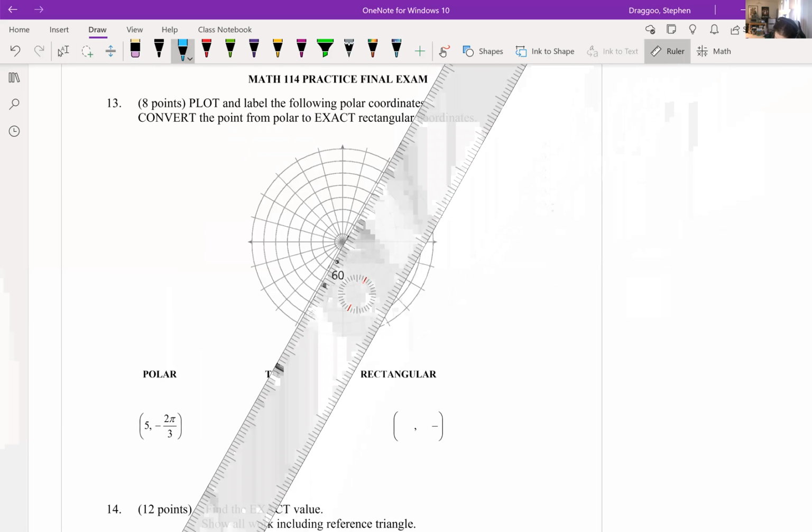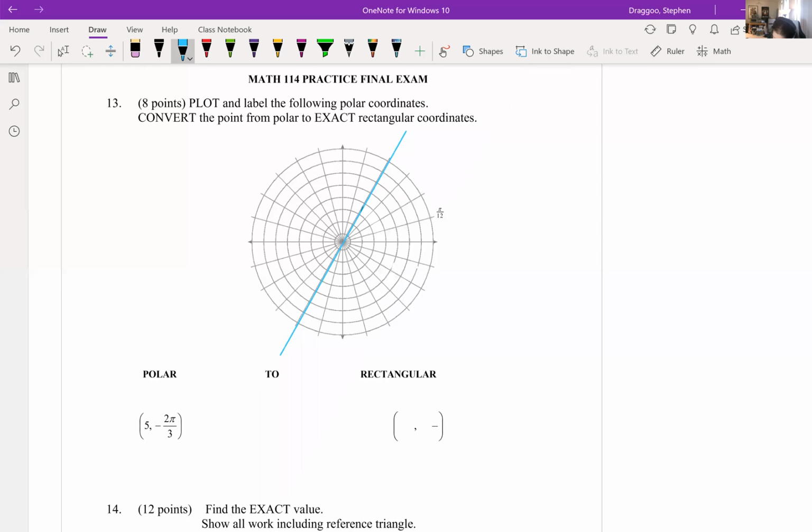So we're looking at that angle, theta equals negative 2 pi over 3. And then we want to go forward 5 along that line. So 1, 2, 3, 4, 5.